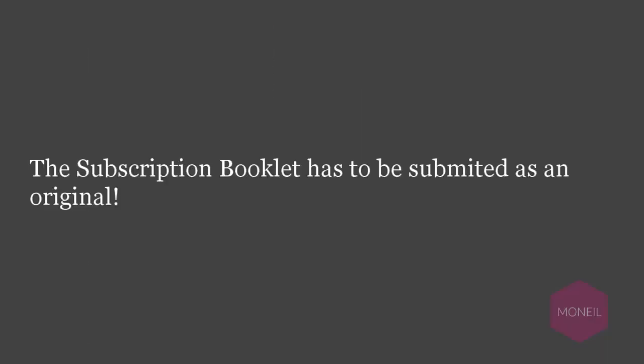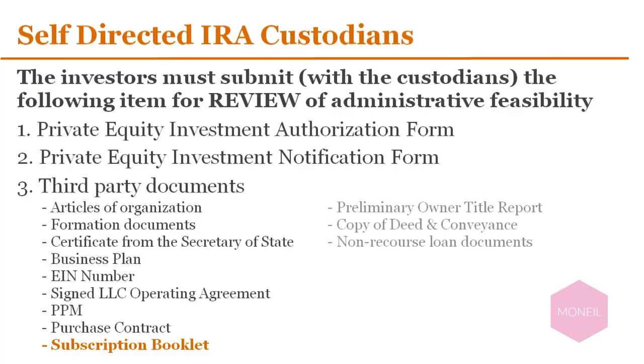With the SEC ruling, the investor has to fill out the subscription agreement booklet in original ink or pen, and have a whole original copy submitted to you and to the custodial account. Then the preliminary owner's title report, the copy of the proposed conveyance settlement deed if we have a statement, or the escrow instructions.